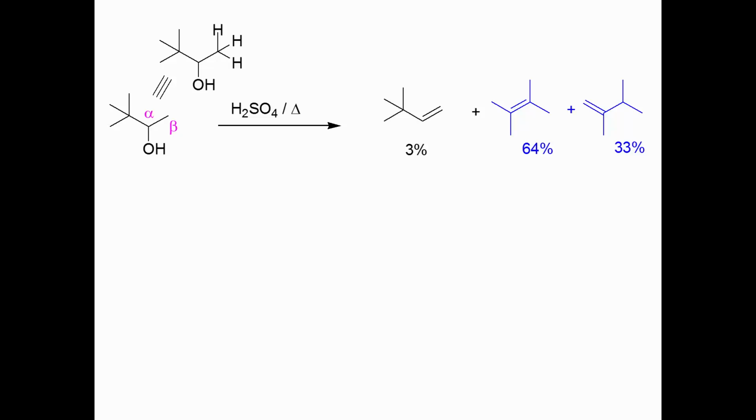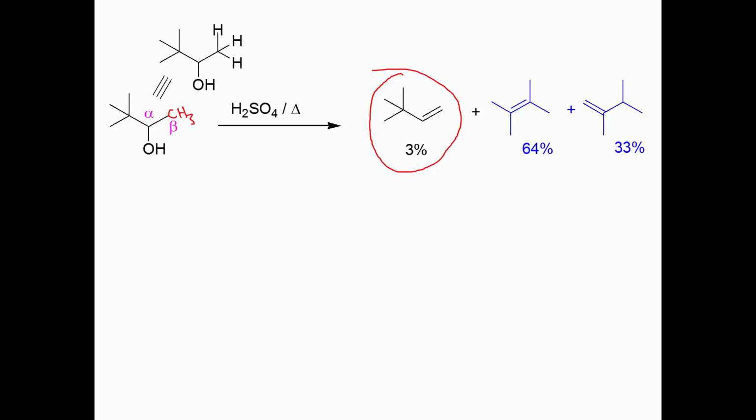An attempt to dehydrate this compound under acid catalyzed conditions. If we look, the only beta hydrogens are on this methyl group, and this is actually producing only a very minor component of this reaction. What we see here is that the connectivity of the product has changed quite a bit.